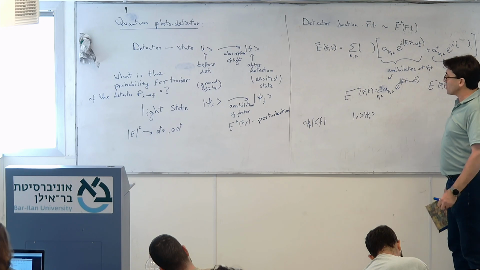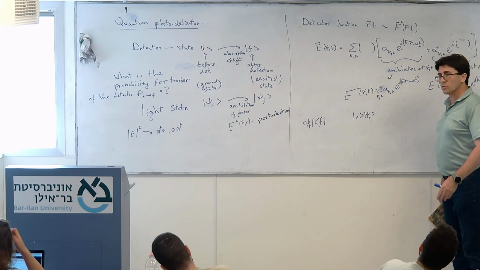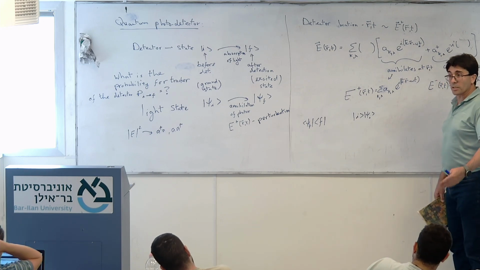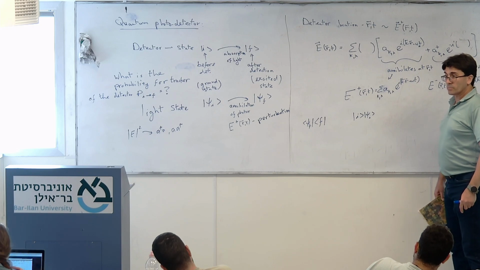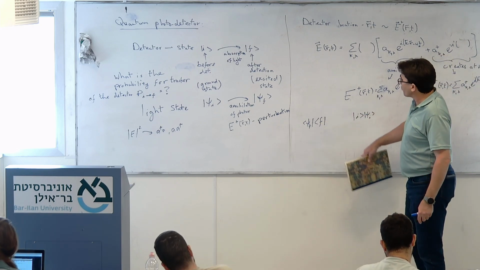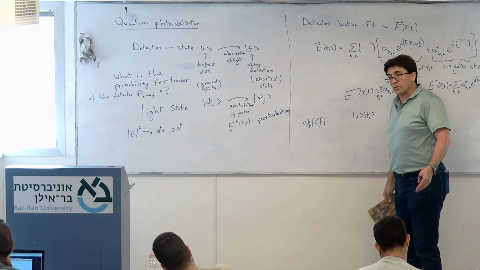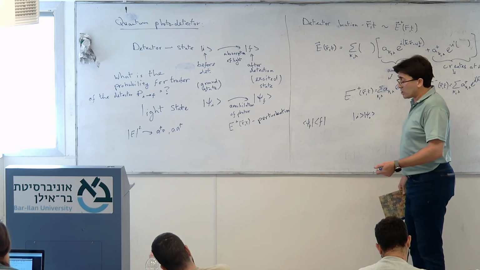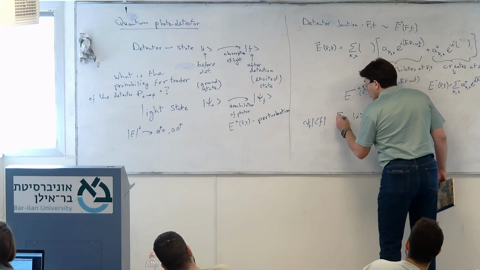And why did it change? Because we had a perturbing field. The states I and psi I are states without interaction, but there is interaction. What is this interaction? It is just this.